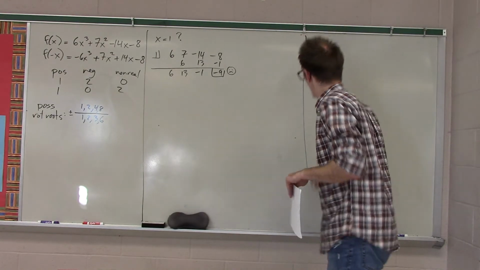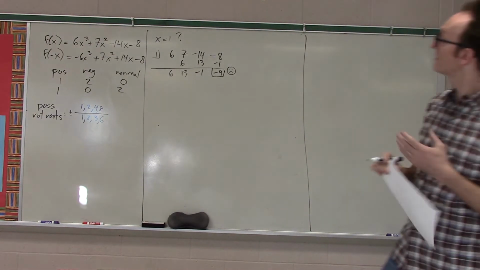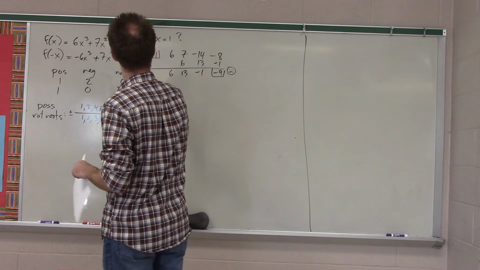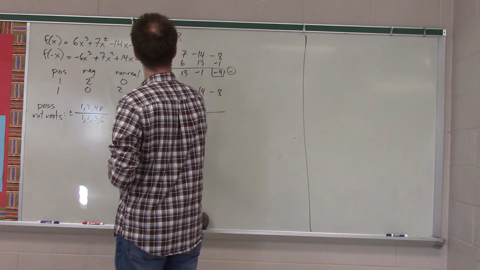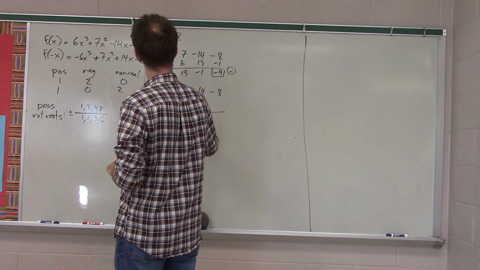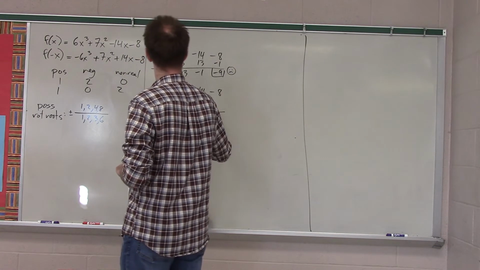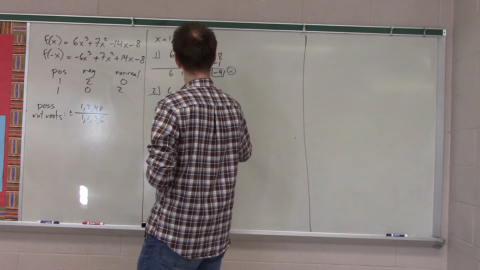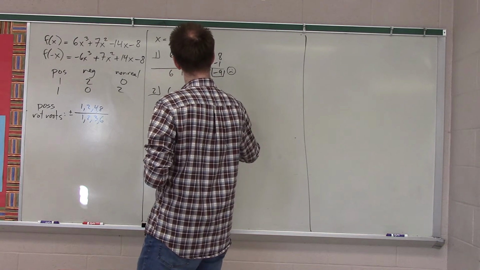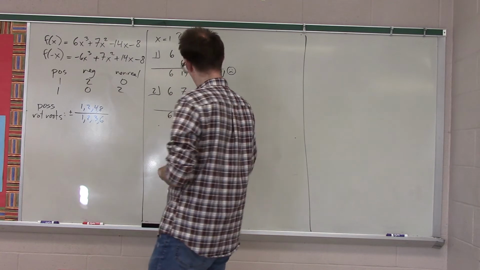And let's see, I will try something else. How about I try 2? Let's see if that works. And I think that also doesn't work. So now I'm really sad. And that's what we have.